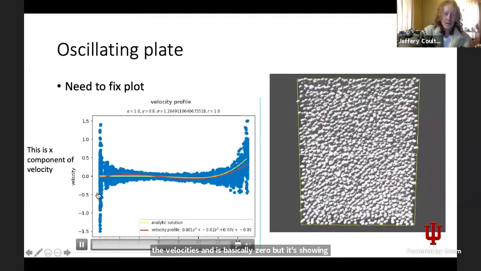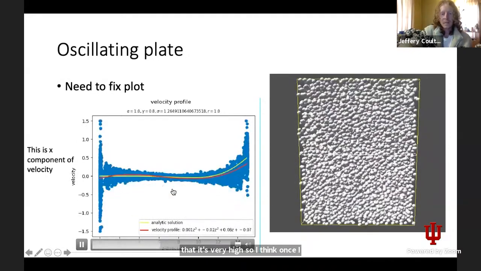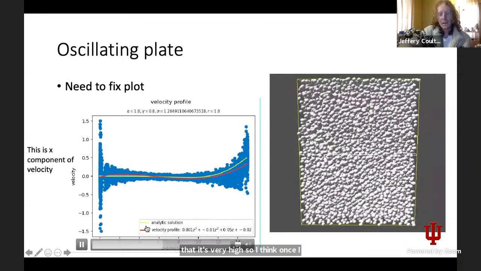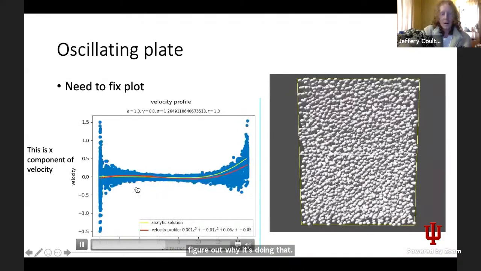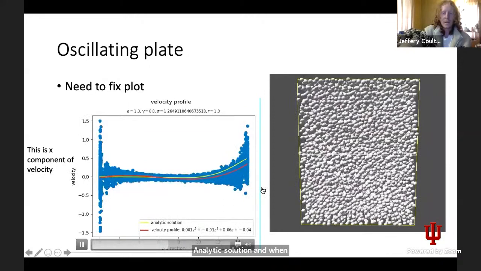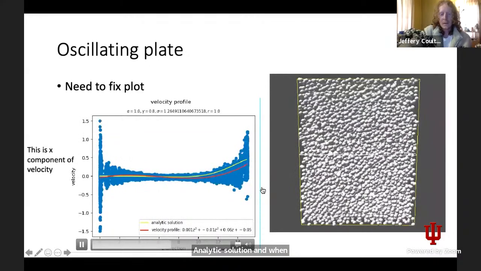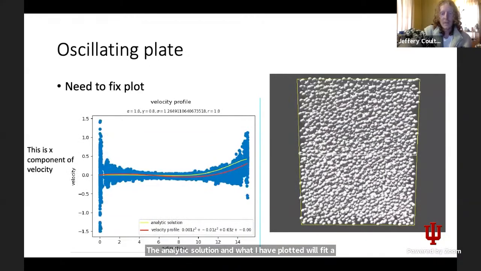So I think once I figure out why it's doing that, the analytic solution and what I have plotted will fit a lot more closely than it does now.